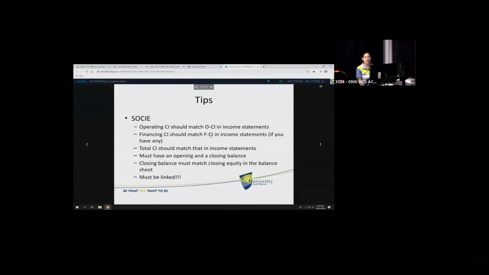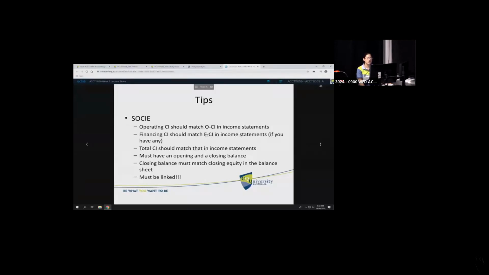We check that as markers. That's one of the checks we do. Does your operating CI total in your statement of changes in equity match the operating CI total in your income statement? And the same with financing. Does your financial comprehensive income total in your statement of changes in equity match your financial comprehensive income total in your income statement, if you have any?